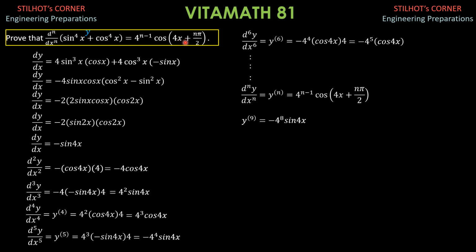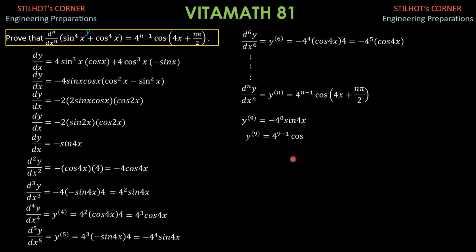So cosine 4x times 0 is 0, minus sine 4x, then sine of 9 pi over 2 is 1. Negative 1 times sine 4x is negative sine 4x times 4 to the 8. So that's why you have negative 4 to the 8 sine 4x.